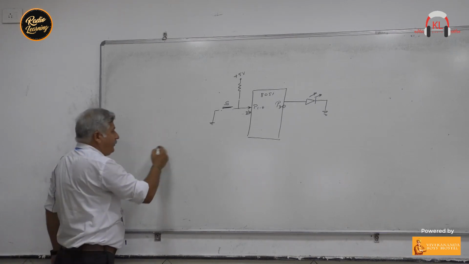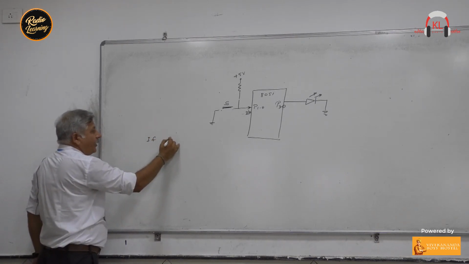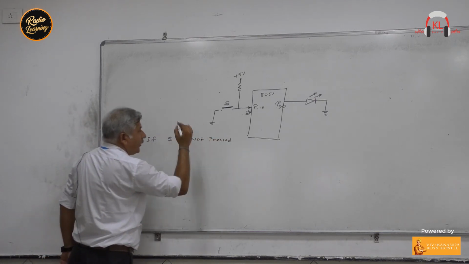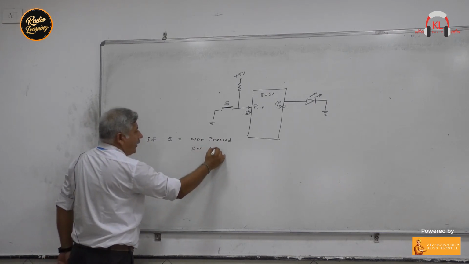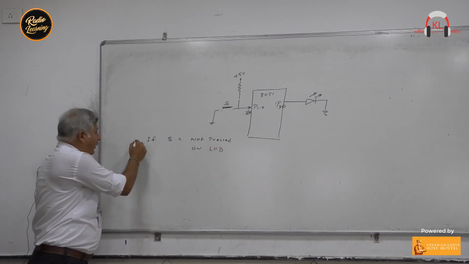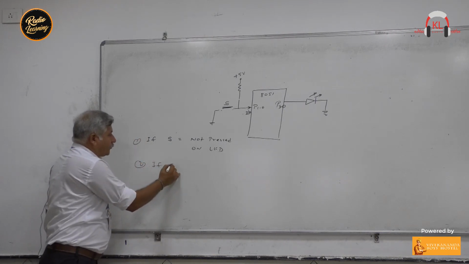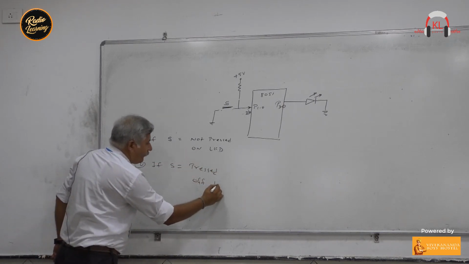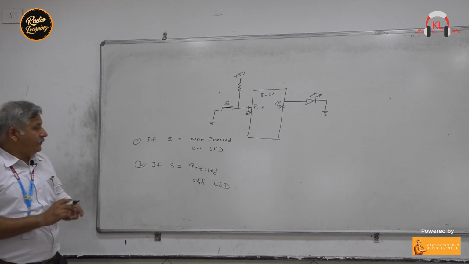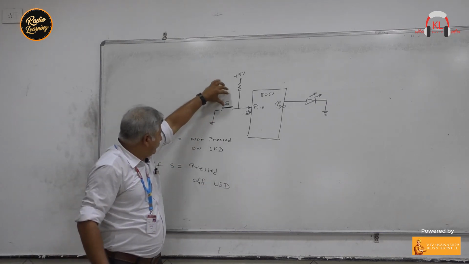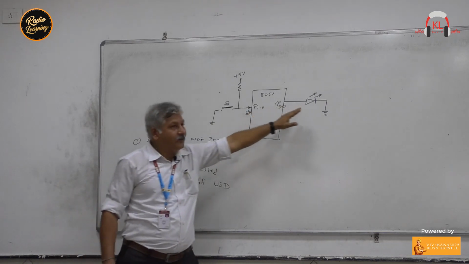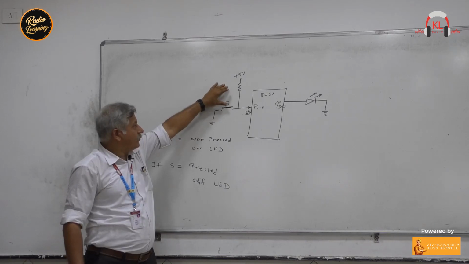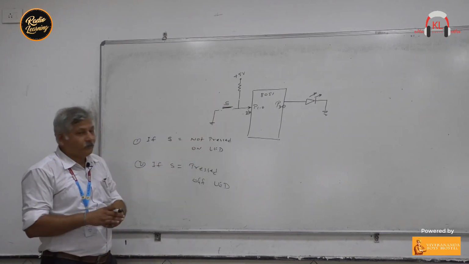So my aim here is: if S is not pressed, the LED will glow, and if switch S is pressed, then the LED should go off. Whenever you press the switch, the LED should be off, and whenever we release the switch, it is not pressed, and the LED should be on. We have to perform this operation.